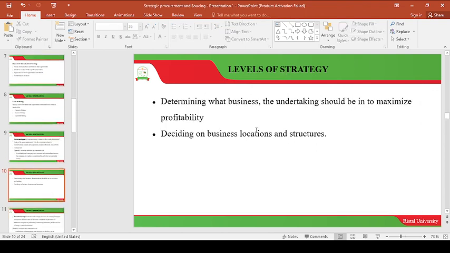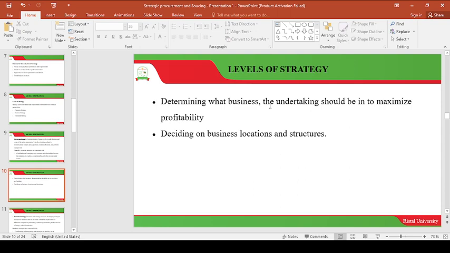Then also determining what business or undertaking the organization should venture in to maximize profit. Also, it is concerned with deciding on business locations and structures.